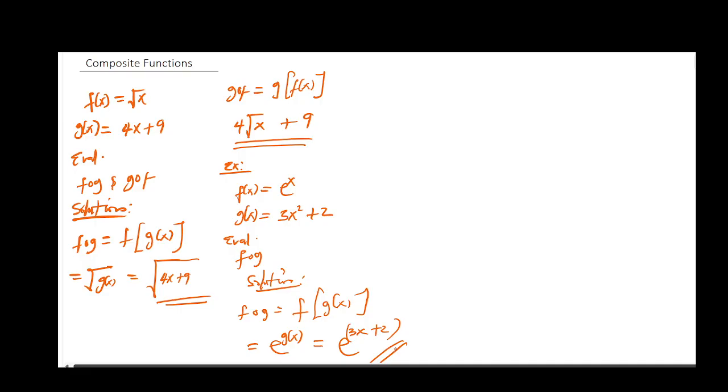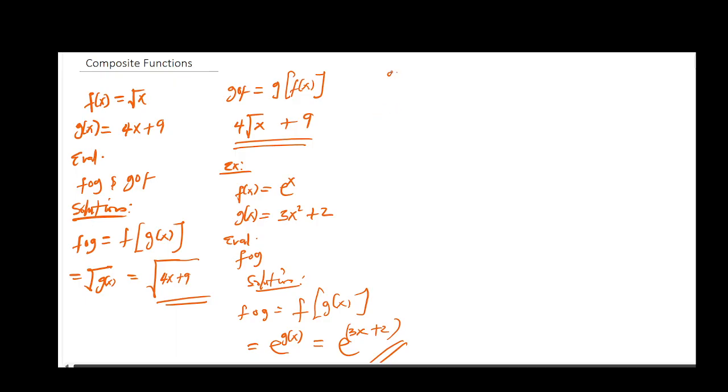Let's take another example. Let's solve for the same exponential and polynomial.